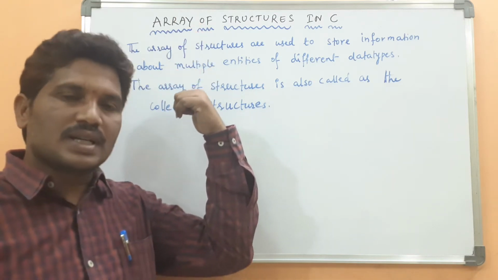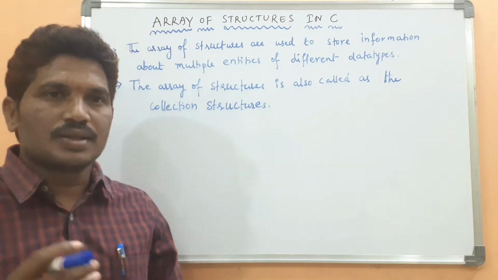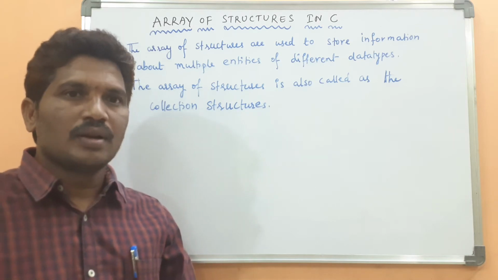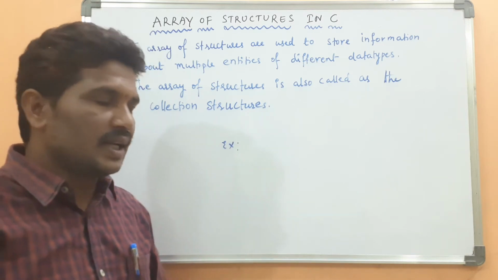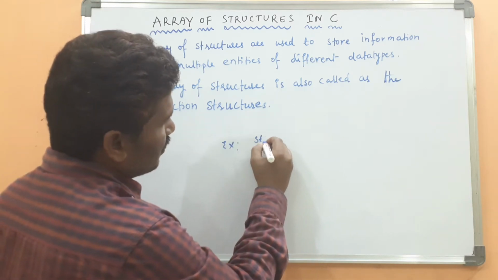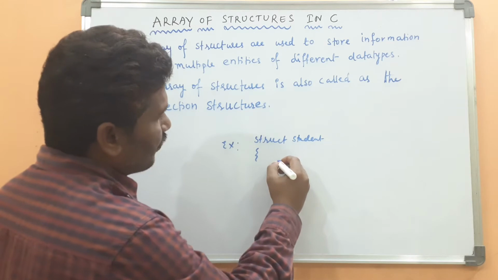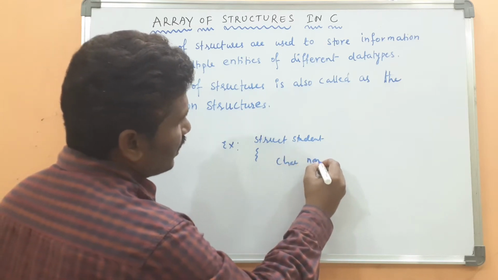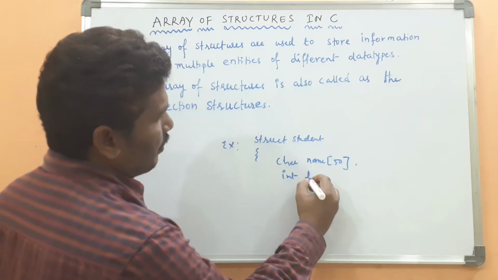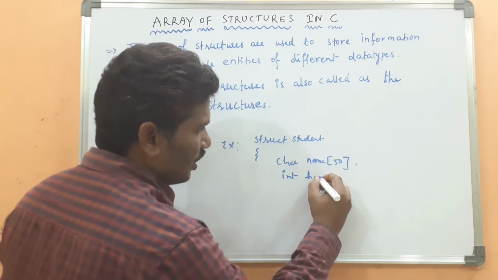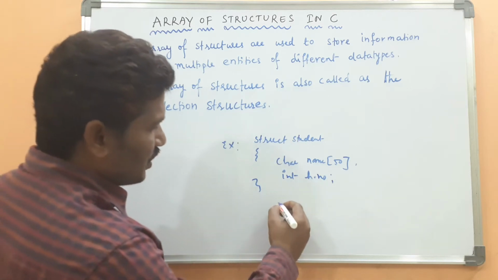Why we use array of structure is, for example, the structure consists of a name and a number. I will give you one example of why we use the array of structure concept in C programming. Suppose struct student. Here the student name consists of 50 characters, then roll number, whatever.